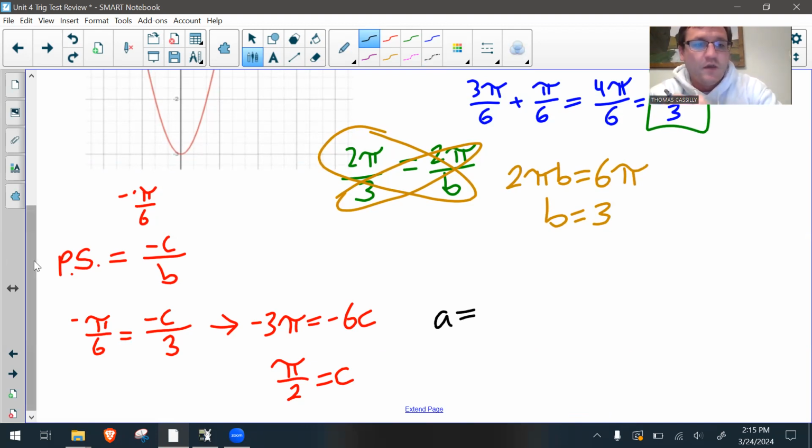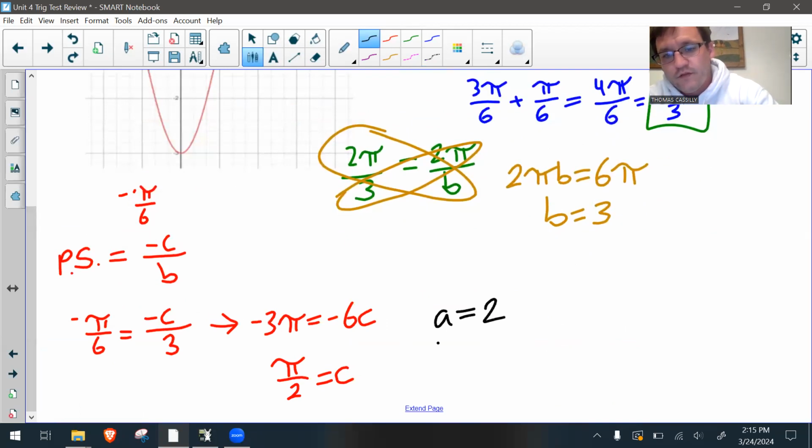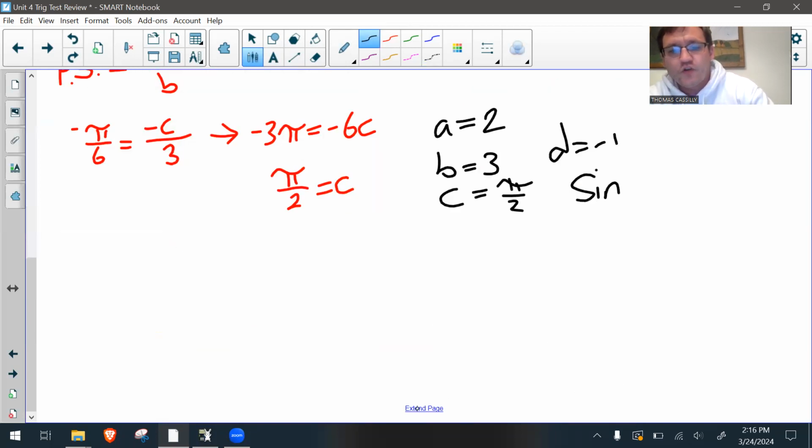I have to go look. The a value is 2. The b value, that was our period, was 3. Our c value is pi over 2. And the d value is negative 1. And again, it is a sine function.